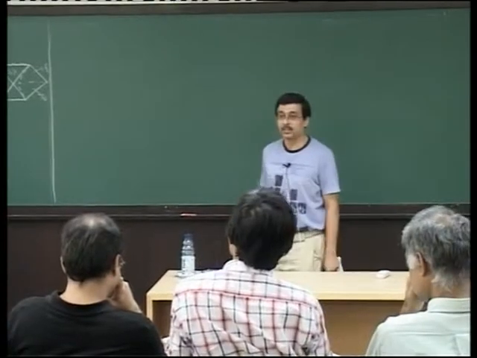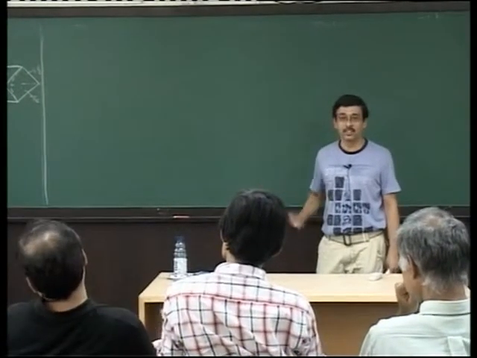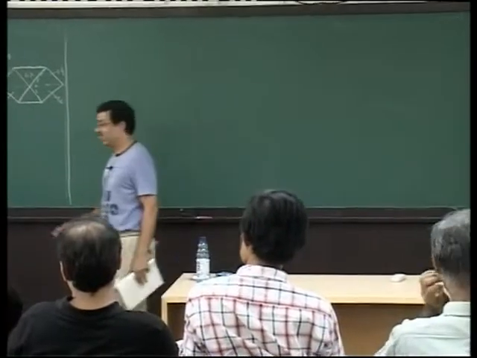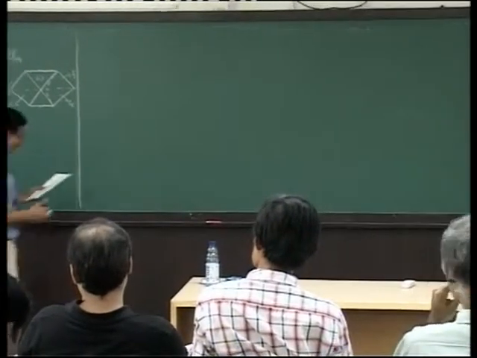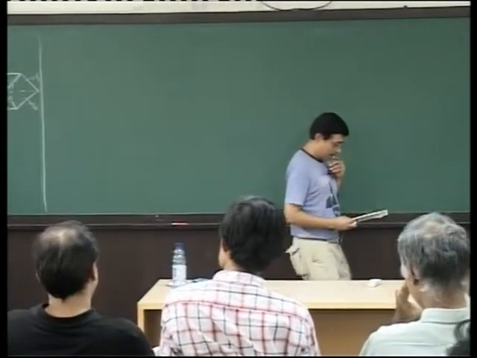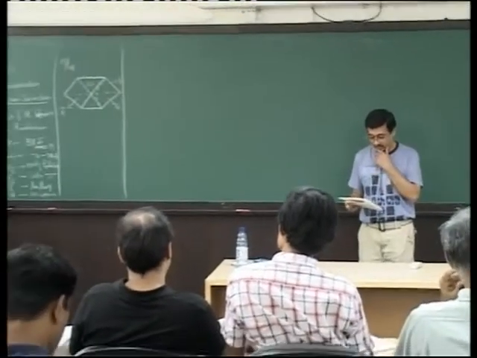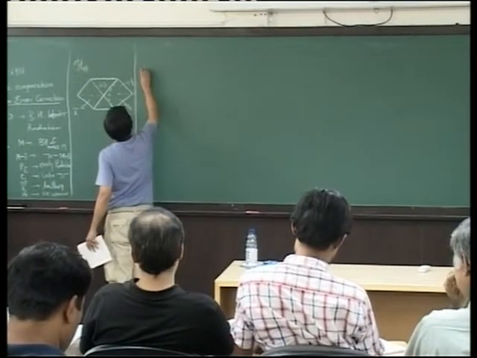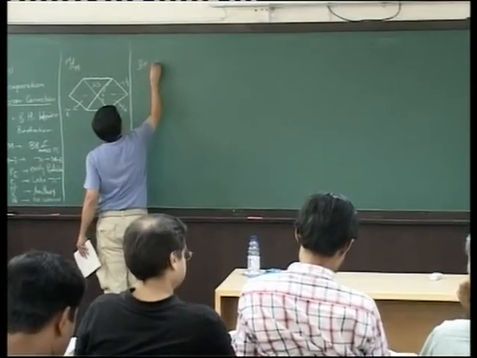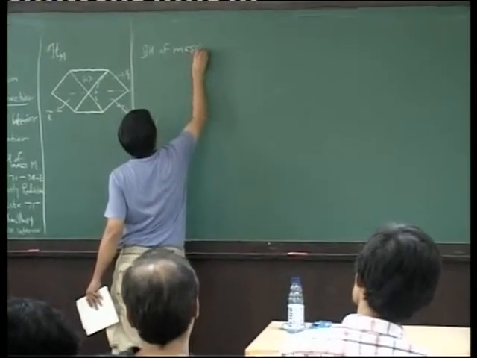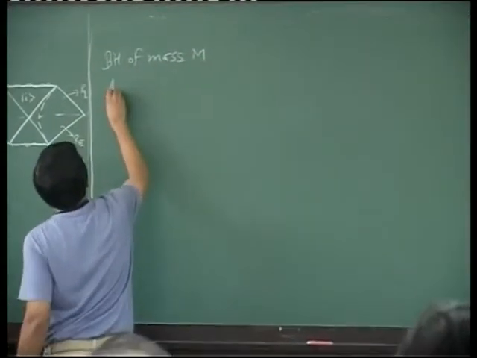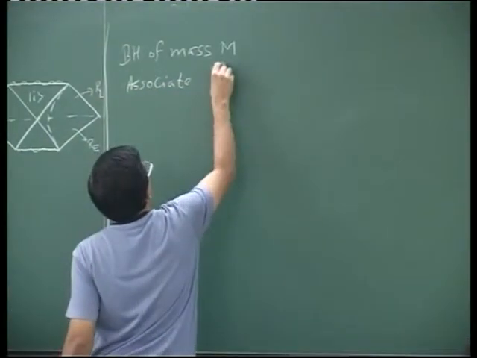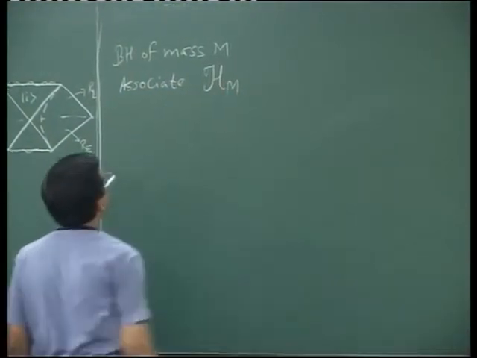Okay. So this is notation. I have a certain amount of freedom to write whatever. If it is inconsistent, then we can take questions on that. So I will define whatever those things are. So what one does is that if you have a black hole of mass M, as I just said, we associate a Hilbert space H_M to that.